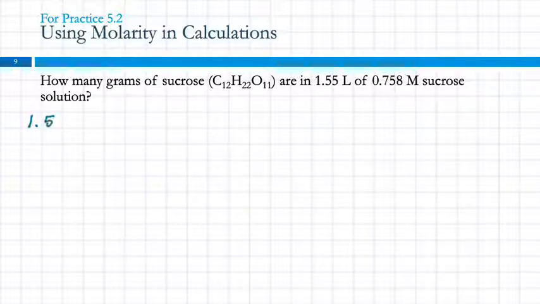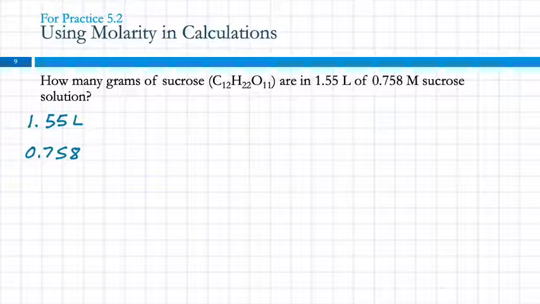So 1.55 liters. And 0.758 capital M. The capital M doesn't help me when I'm trying to convert units, because it doesn't look like a conversion factor. What does the capital M stand for? Moles per liter.